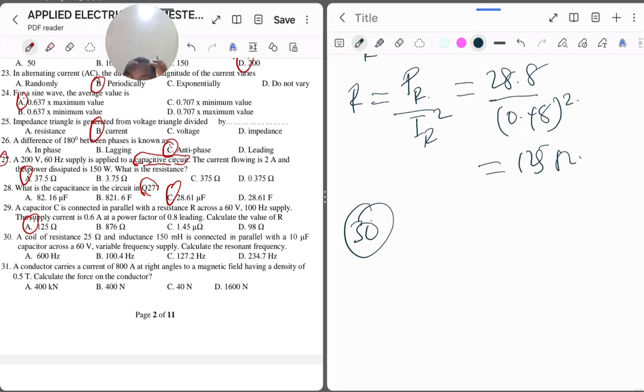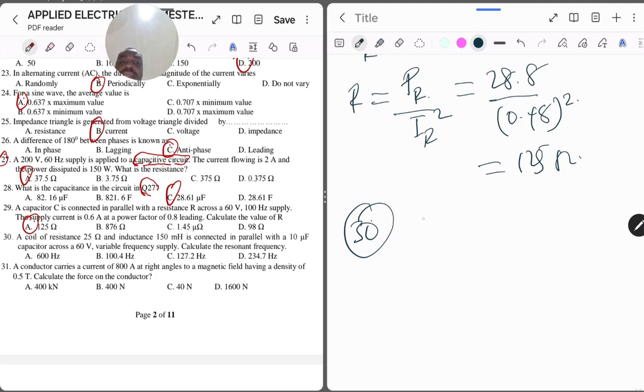Now, we are asked to find the resonant frequency. Bear in mind that when we talk about resonant frequency, we look at it in terms of the connection, whether we have series connection or parallel connection. I don't want to prove this formula.